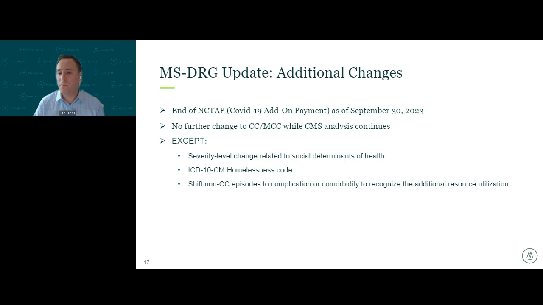We'll talk a little bit more about this later on, but this is the only material change where those who have that homelessness code will move into a higher DRG weight because of the additional resources needed because of now being identified as a complication of comorbidity.